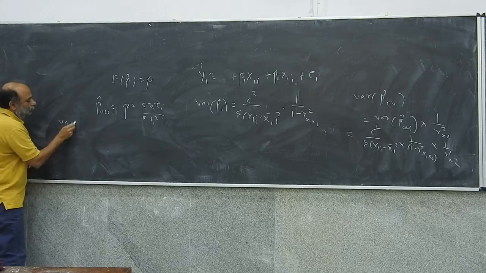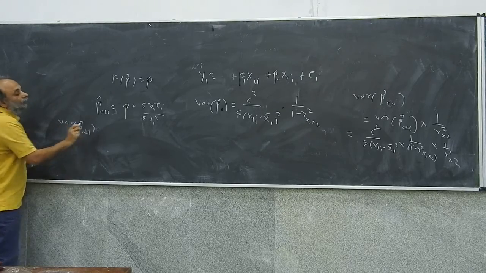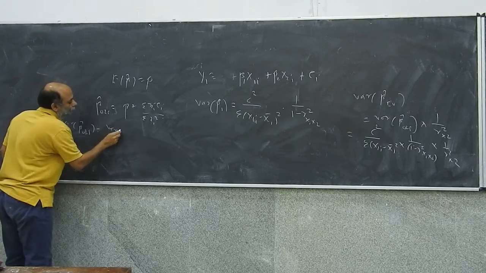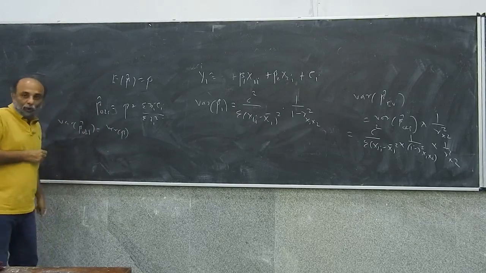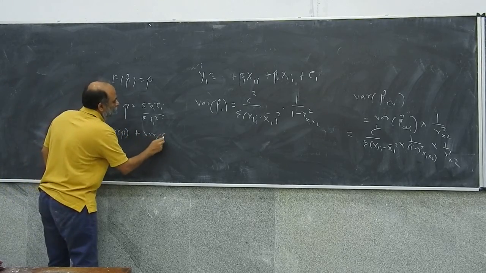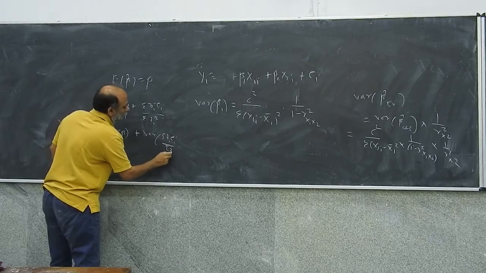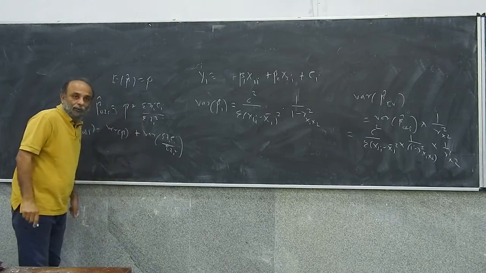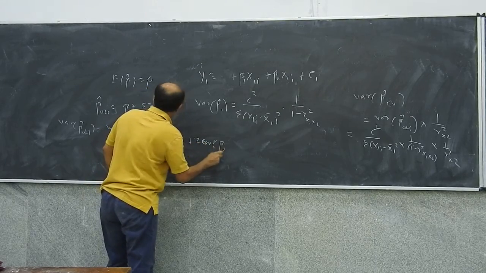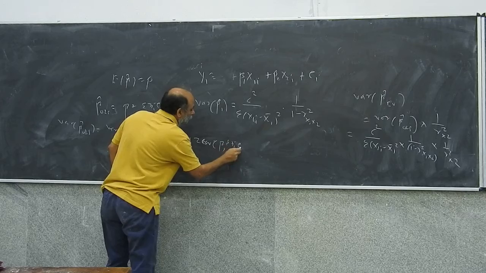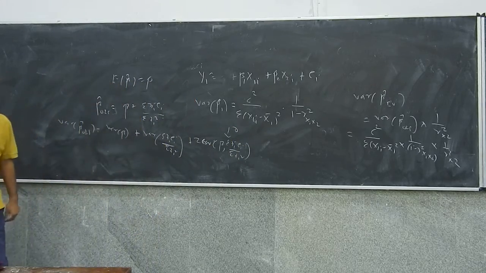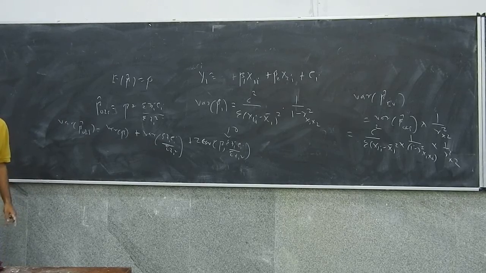So variance of beta hat OLS would have been variance of beta, which is a constant, plus 2 covariance, and this is 0, right?